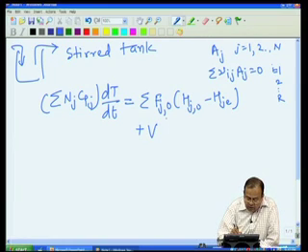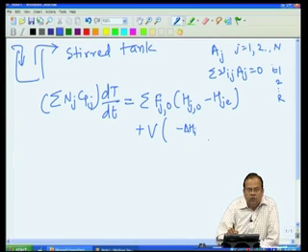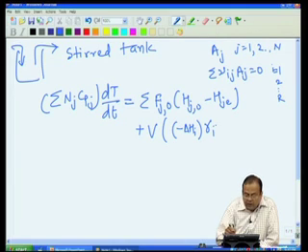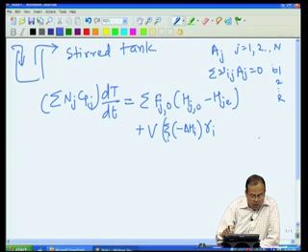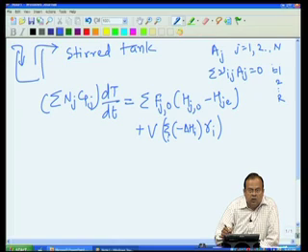plus there are reactions taking place, and each reaction has a heat of reaction delta Hi. The reaction is taking place at a rate Ri, and the sum over all these reactions i will be the total energy that is generated in the system. So, that is the contribution of reaction plus whatever energy we are adding to the system.